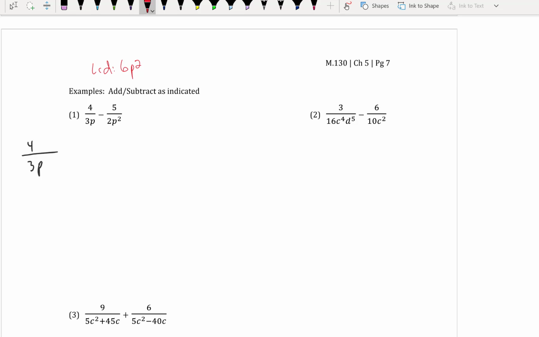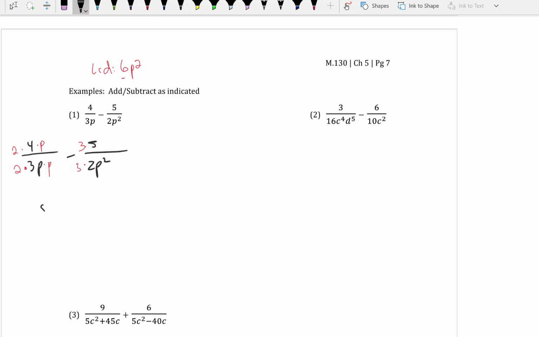Well, let's see. 3, what does that need to get multiplied to get to 6? That would be a 2. What do I need to multiply p to get to a p squared? P. Okay. I have minus my 5 over 2p squared. So here my 2 needs to get multiplied by 3, and my p squares match up.